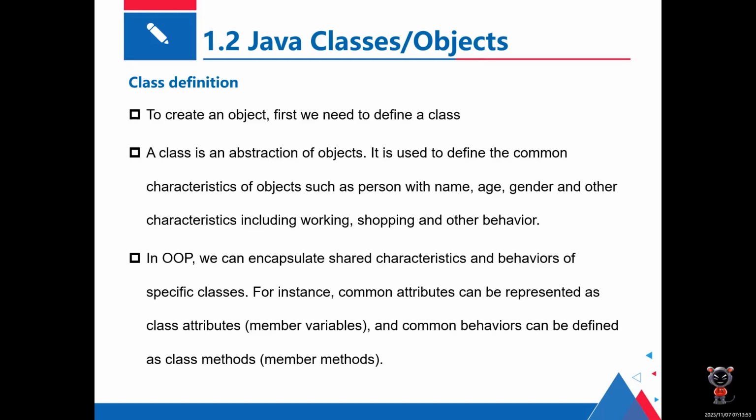So in object-oriented programming, we can encapsulate these shared characteristics of specific classes. For instance, the common attributes can be represented by member variables and common behavior can be represented by member methods of the class.